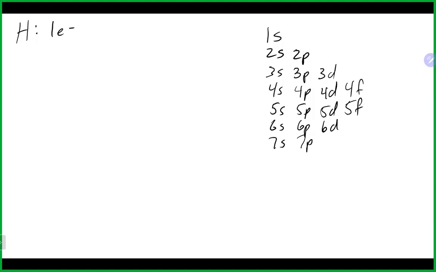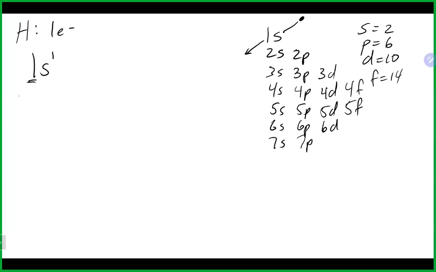Good enough for now. So we always start up here and we're going to go this way. And again, S can hold 2 electrons, P subshell 6, D subshell 10, and F subshell 14. So we would write 1s1, and that is the electron configuration for hydrogen.